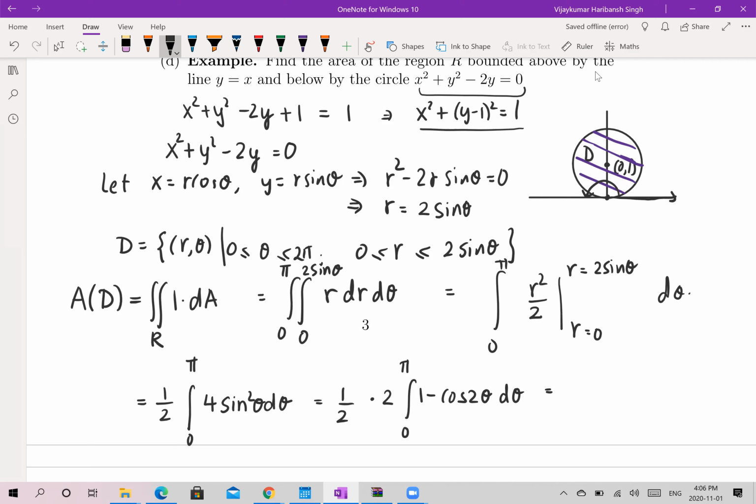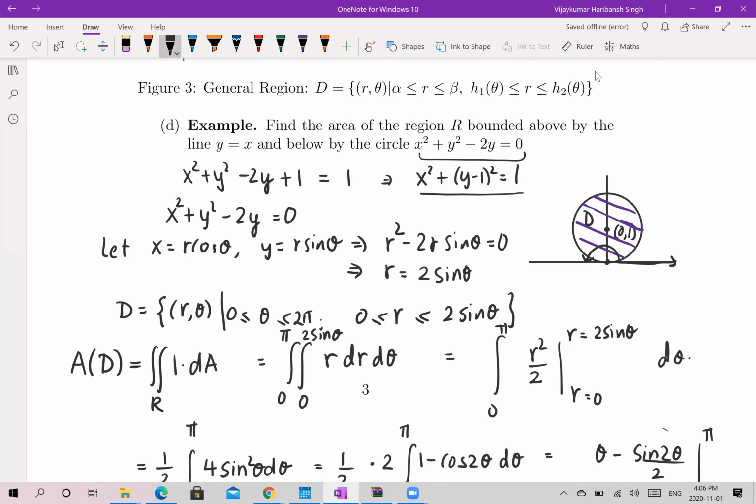We'll be left with theta minus sin 2 theta by 2, from 0 to pi. If you substitute in the second part, you will get 0. So the answer turns out to be pi. So this is the area of this circle. And it kind of makes sense, right? Because after all, this is a circle of radius 1.